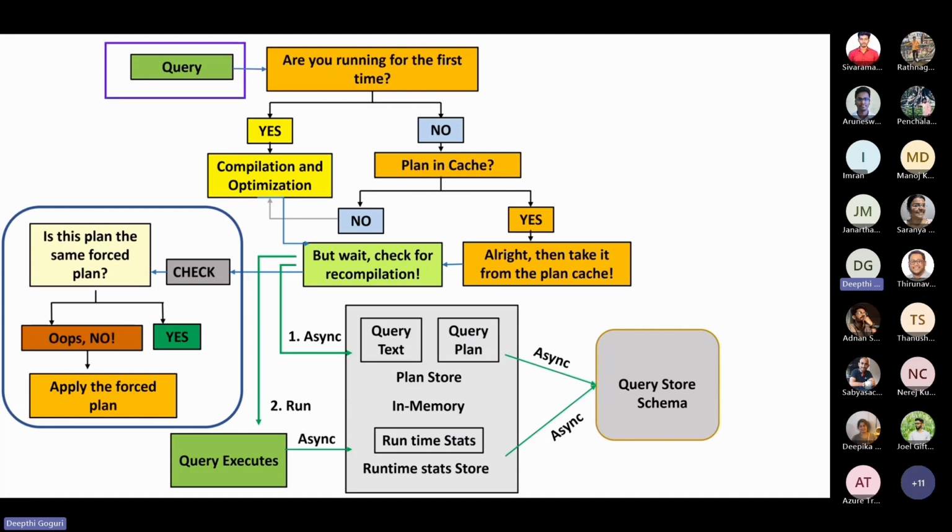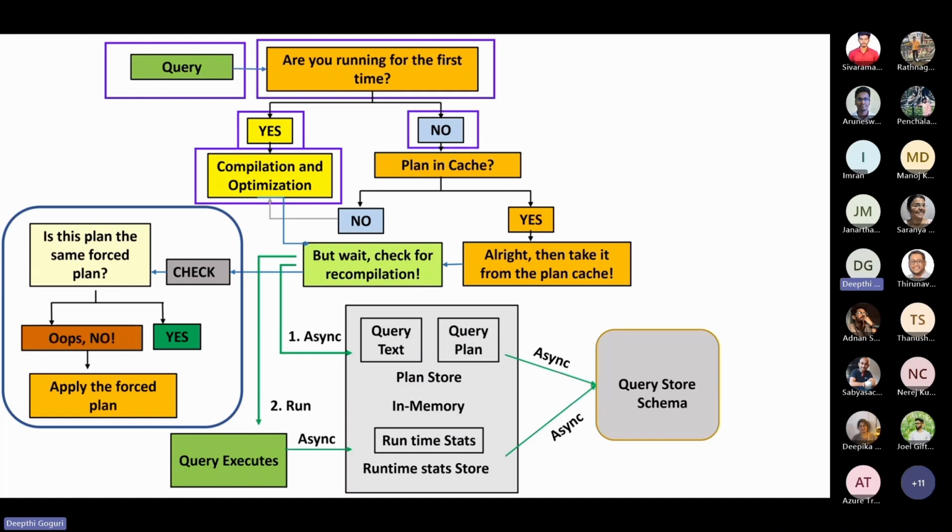When we try to execute any query on SQL Server, from the application or from SQL Server Management Studio, the engine will check if the query is running for the first time. If it is, it will go through the compilation and optimization phases to build the execution plan.